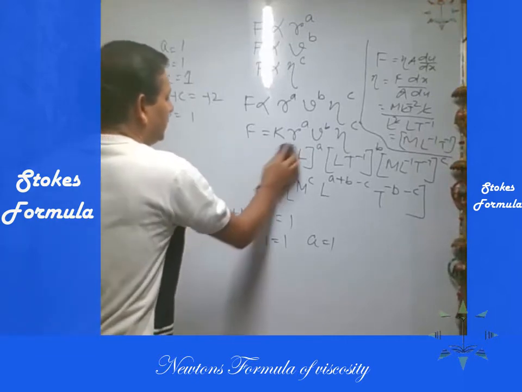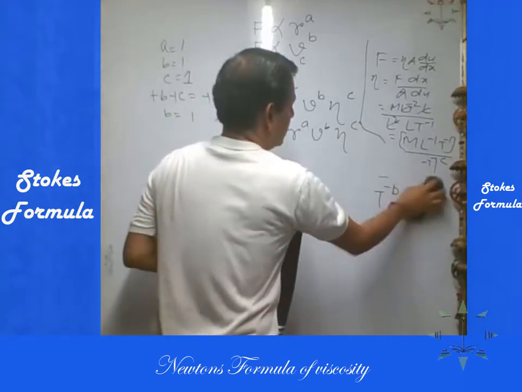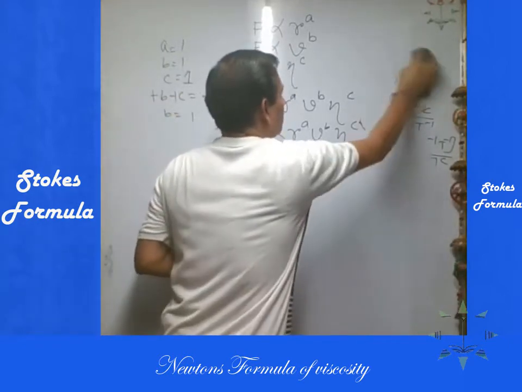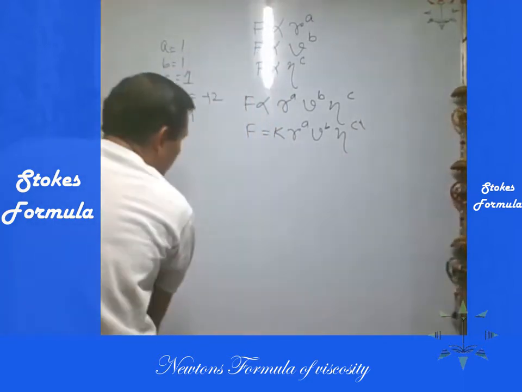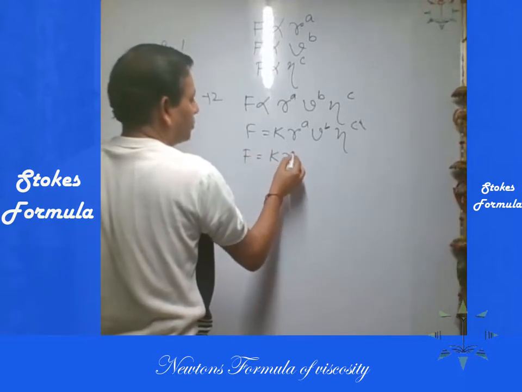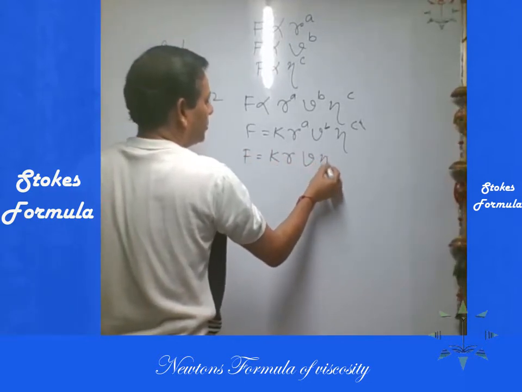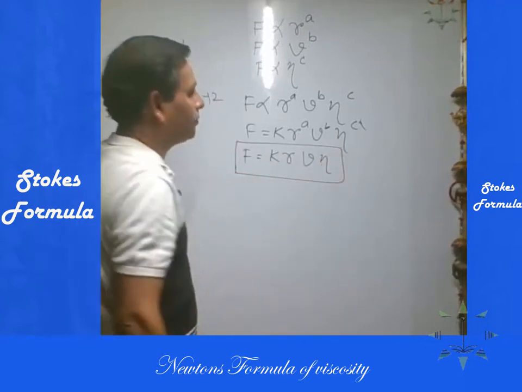So in this formula we can replace a, b, c by simply 1, 1 and 1. So F equal to K R to the power 1, V to the power 1, eta to the power 1. This is called Stokes formula of viscosity.